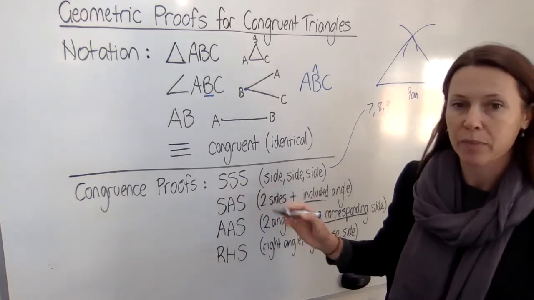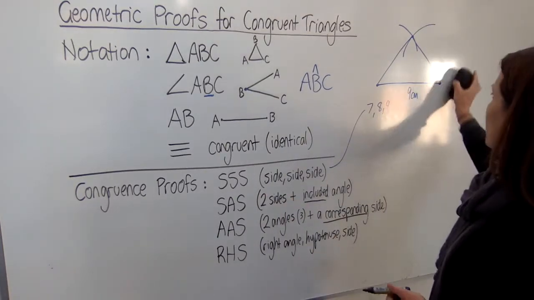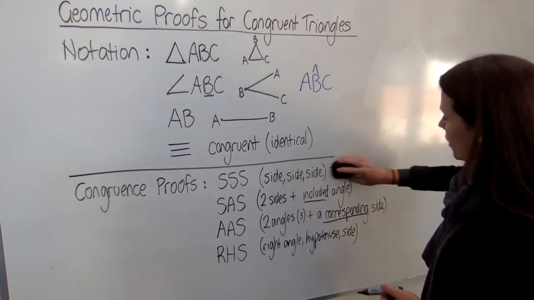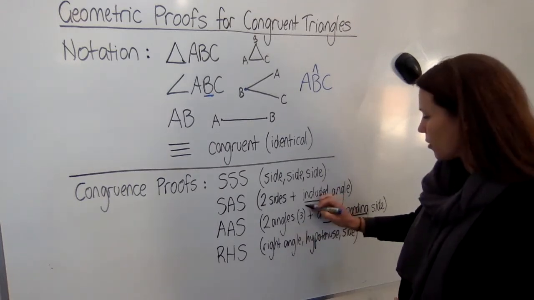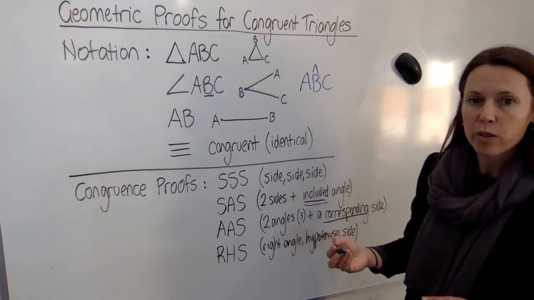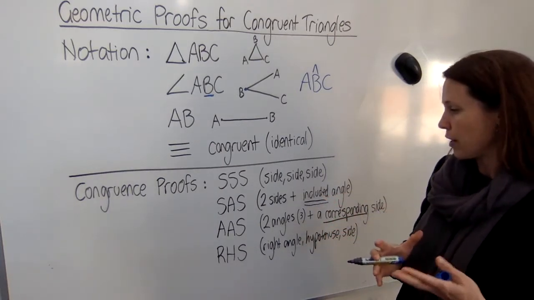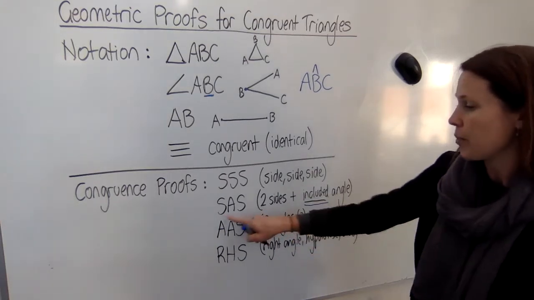Now, if you're given 2 sides and an included angle, and the important word there is included, you will also only be able to draw one triangle. Everybody's triangle will be the same. Let me give you an example.